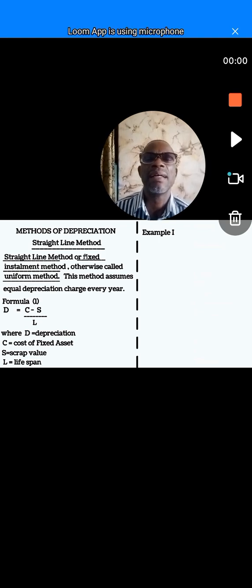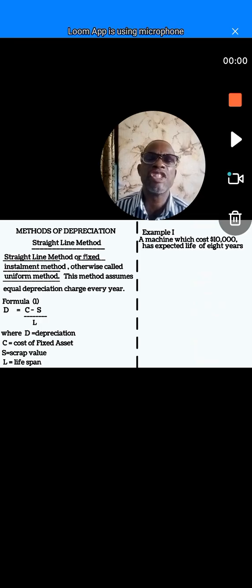A machine which cost $10,000 has an expected life of 8 years and a scrap value of $240. Calculate the depreciation provision per annum.